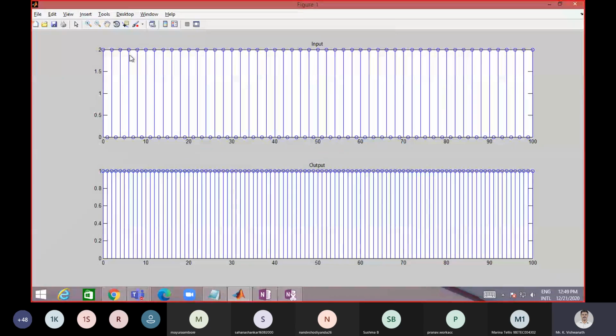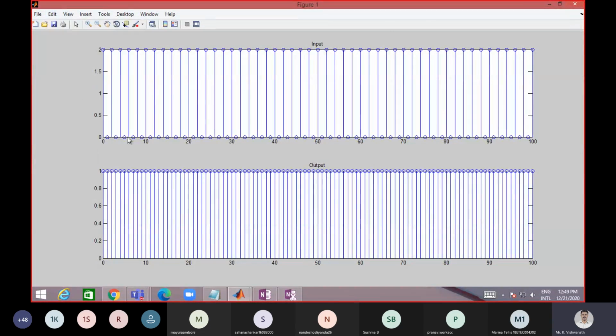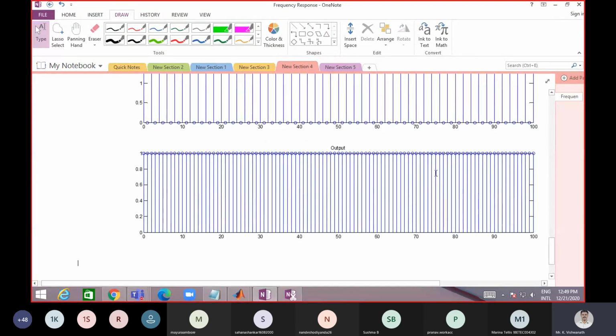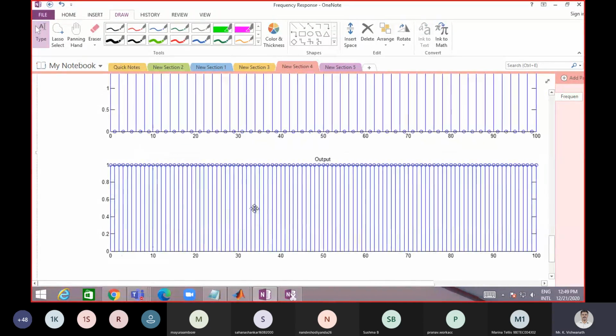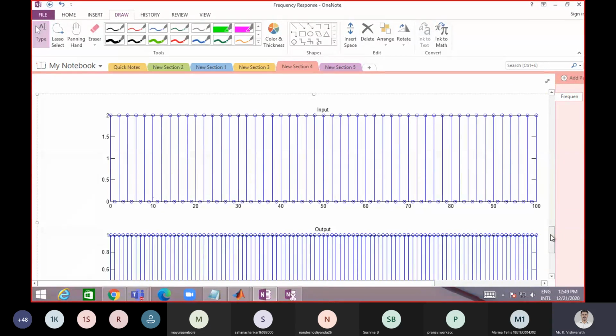Now you can see here. Now I'll just copy, I'll paste it here for analysis. Okay. Now you can see here the input. This is the input, and input is going something like positive.